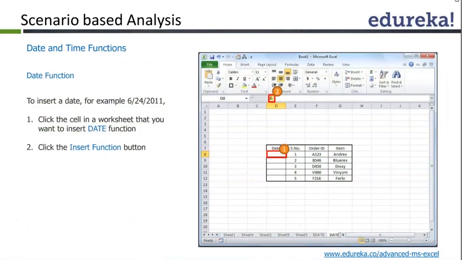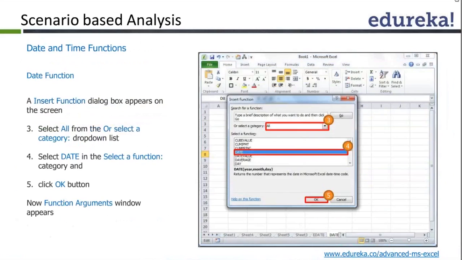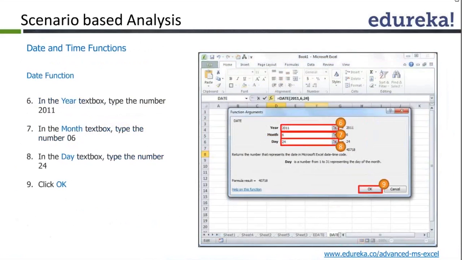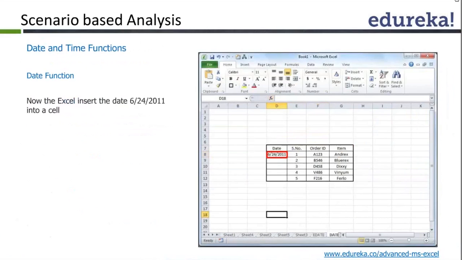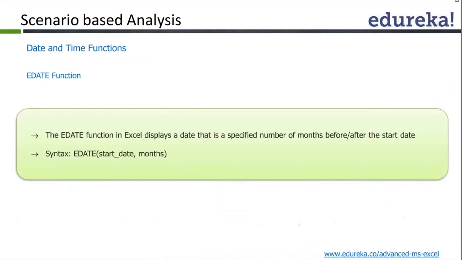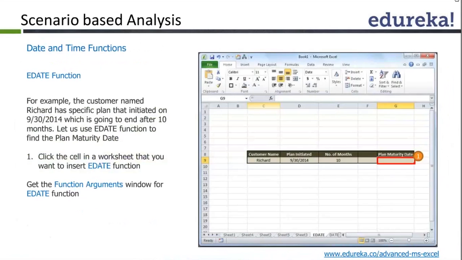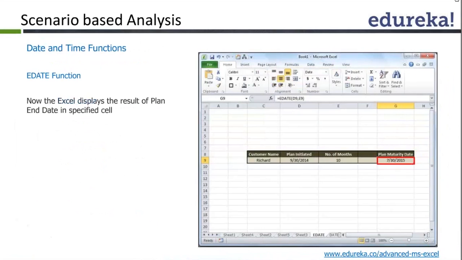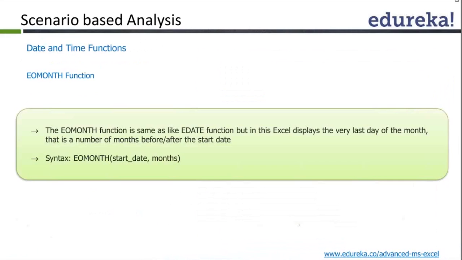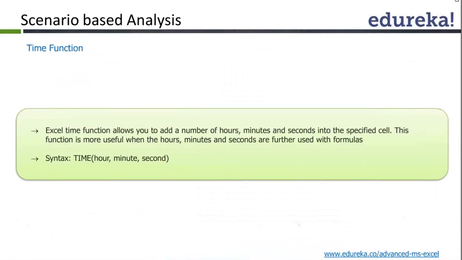We'll see how this date function works, year, month, day. And then we'll also see the use of the EDATE function. So the date function and the EDATE function. We'll see how to calculate a maturity date, let's say. We'll also explain the EOMONTH function.